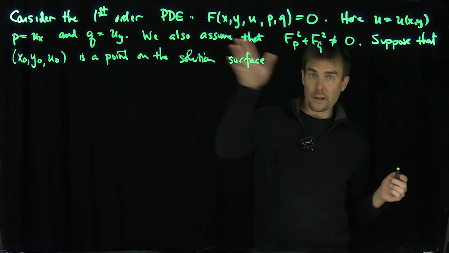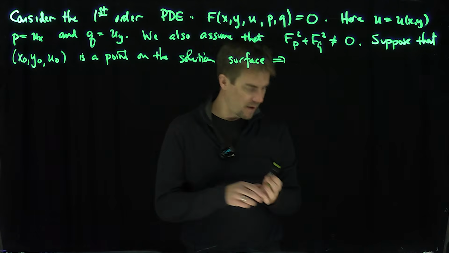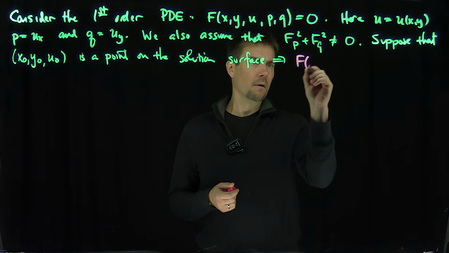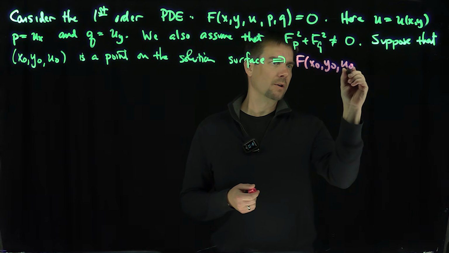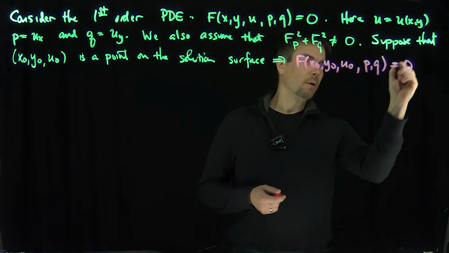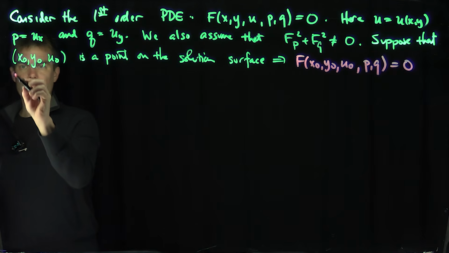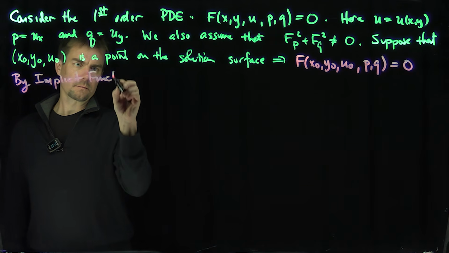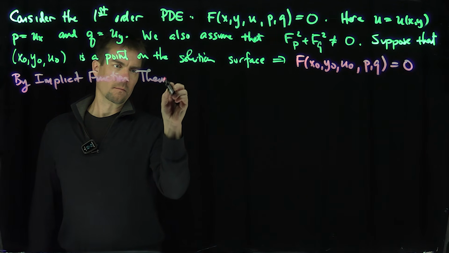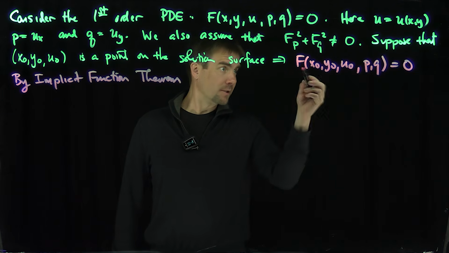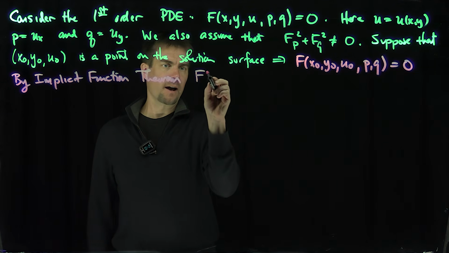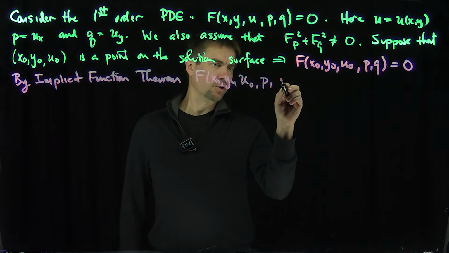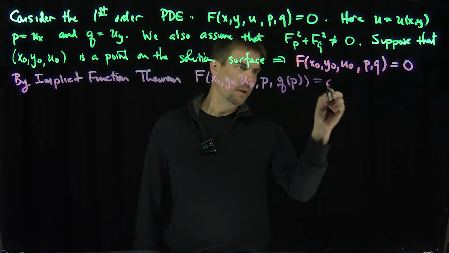Then in particular, this gives me a relationship between p and q, namely F of x0, y0, u0, p, q is equal to 0. And by the implicit function theorem, we know that this defines q as a function of p. We can write F of x0, y0, u0, p, and then some function q of p equals 0.